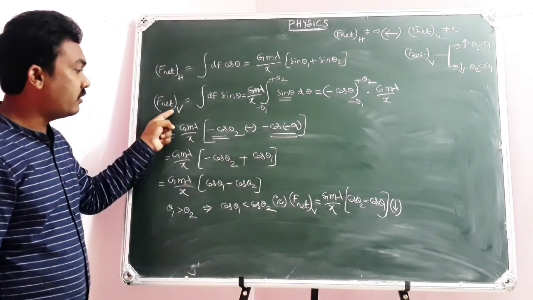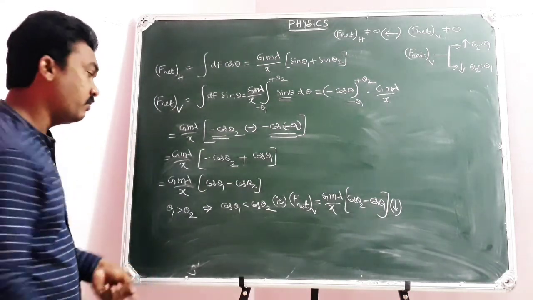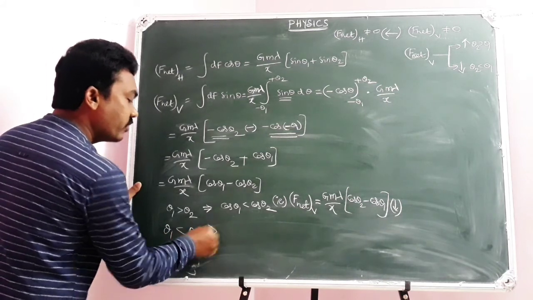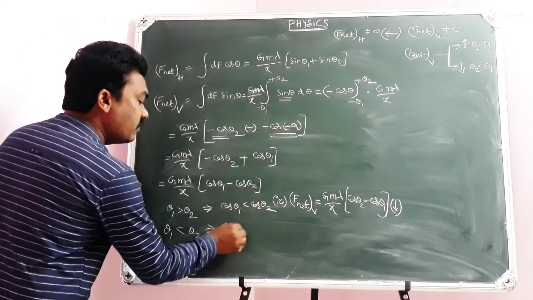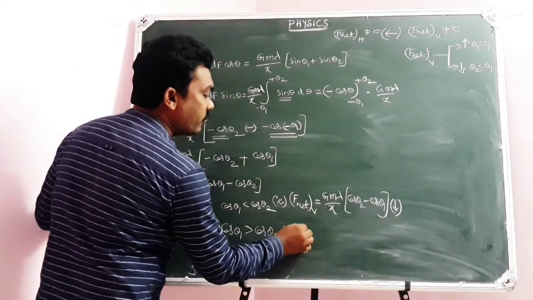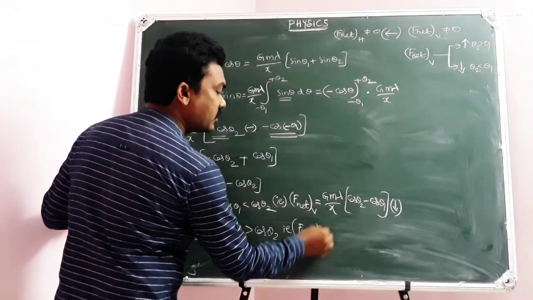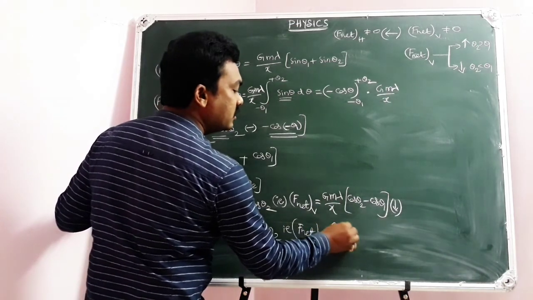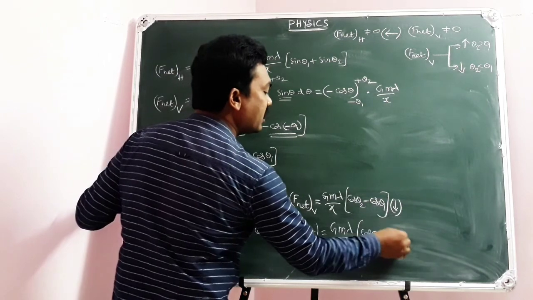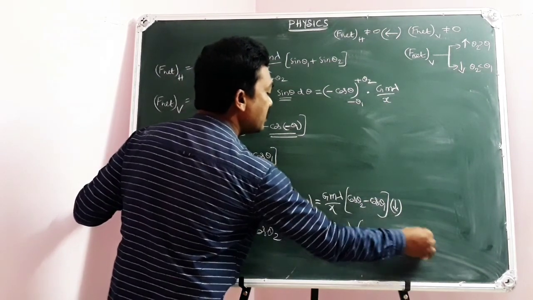But while coming to net vertical force, directions are very, very important. If theta 1 is less than theta 2, then cos theta 1 will be more than cos theta 2. That is, the net vertical force will be, based on the given question, you have to move on, G M lambda by x into cos theta 1 minus cos theta 2, but in what direction? Upward.